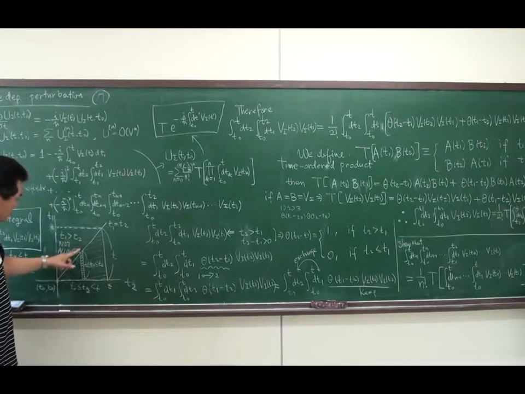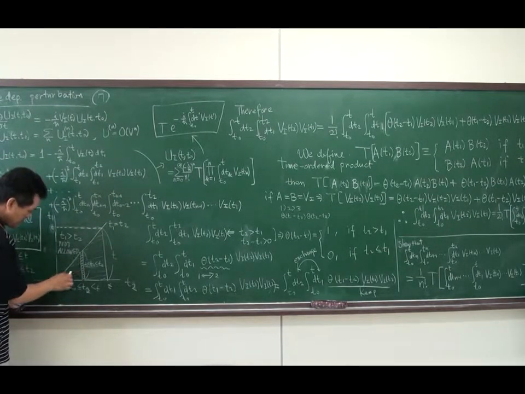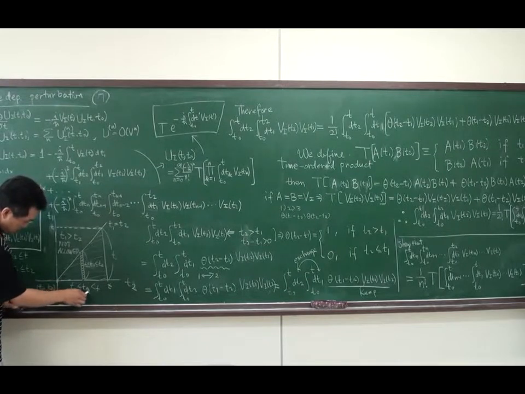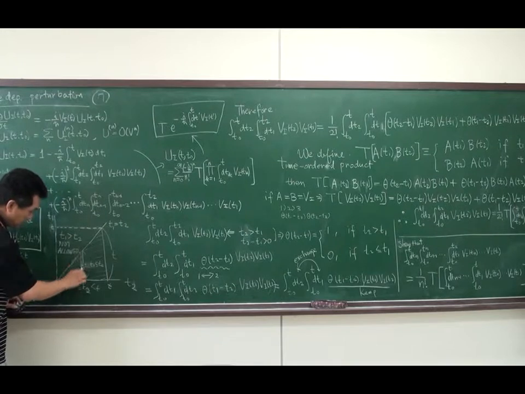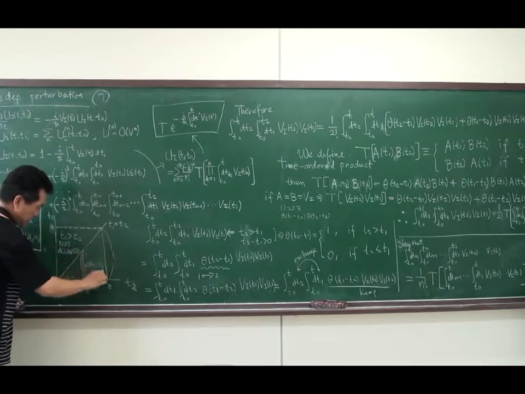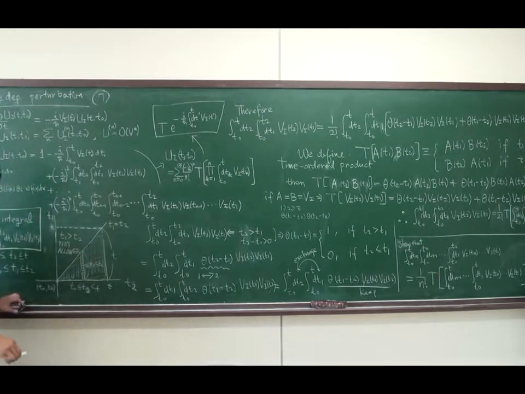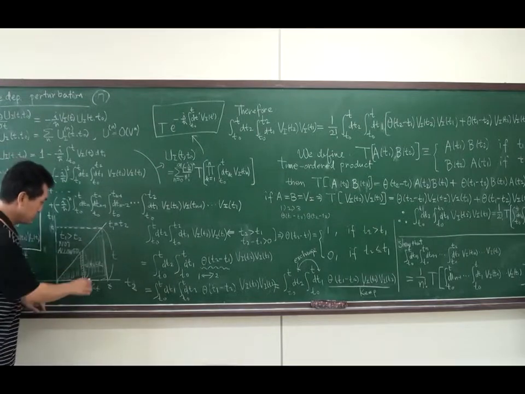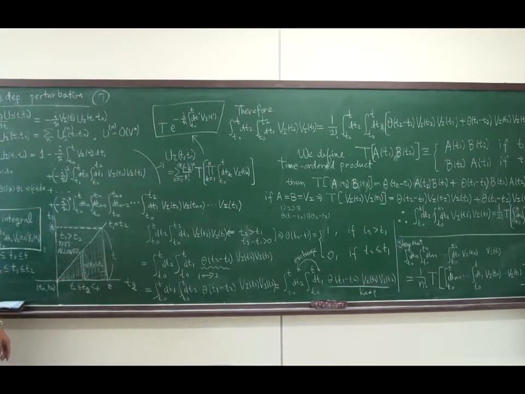So t1 is always less than t2 and always greater than t0. And this band runs from t2 equals t0, and it ends up with the value of t. So the integral is made not in the square, instead in this right triangle. Okay?